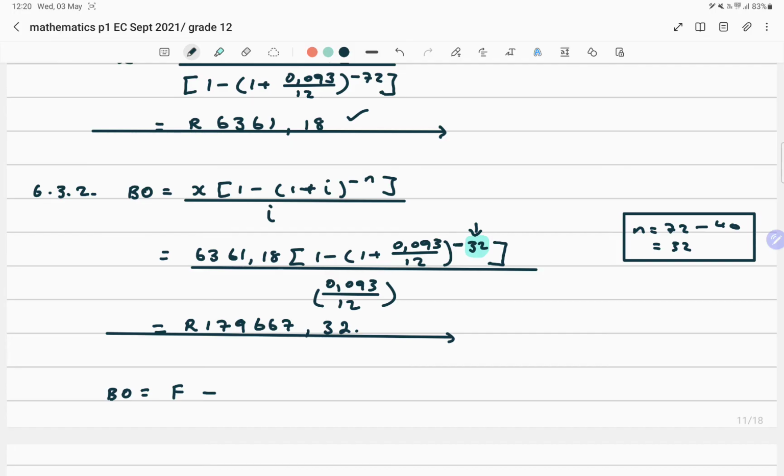But remember, we're going to use the future value for the entire period. And we're going to subtract again the future value for the remaining period. You understand me? Then that tells us the balance outstanding. I forgot this formula, guys. Check my other videos. At some point my brain is fried, okay?